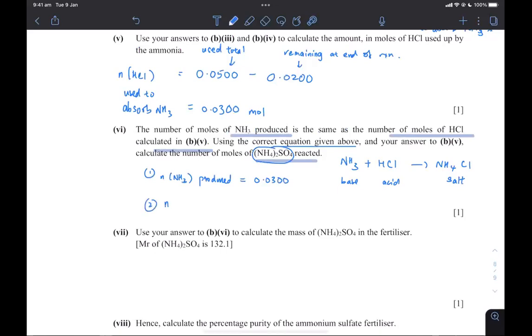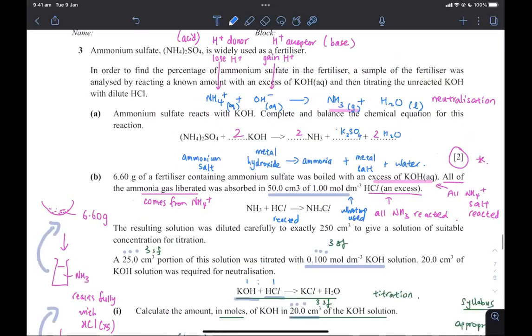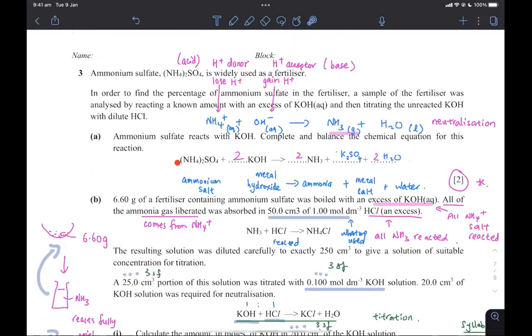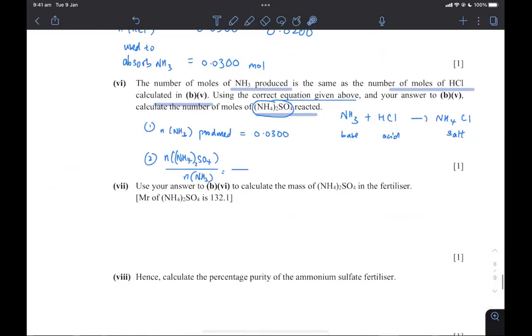So the mole of the ammonium sulfate is to the mole of the ammonia. From your very beginning balanced equations, 1 mole of ammonium sulfate gives you 2 mole of ammonia. That is from the balanced equation.